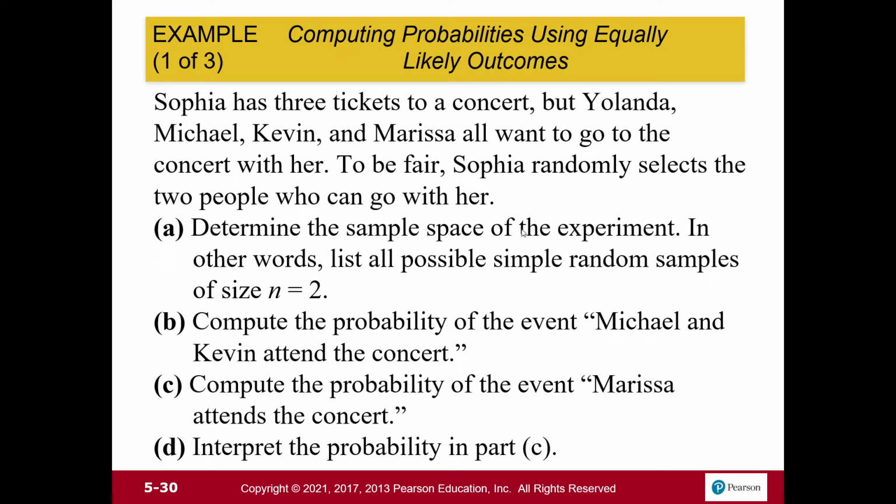A. Determine the sample space of the experiment. In other words, list all possible simple random samples of size n equals 2. B. Compute the probability of the event Michael and Kevin attend the concert. C. Compute the probability of the event Marissa attends the concert. D. Interpret the probability in part C.